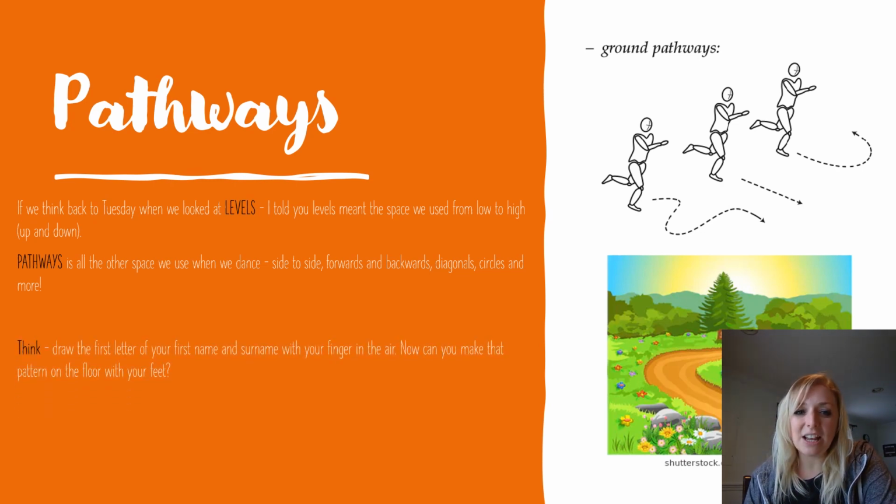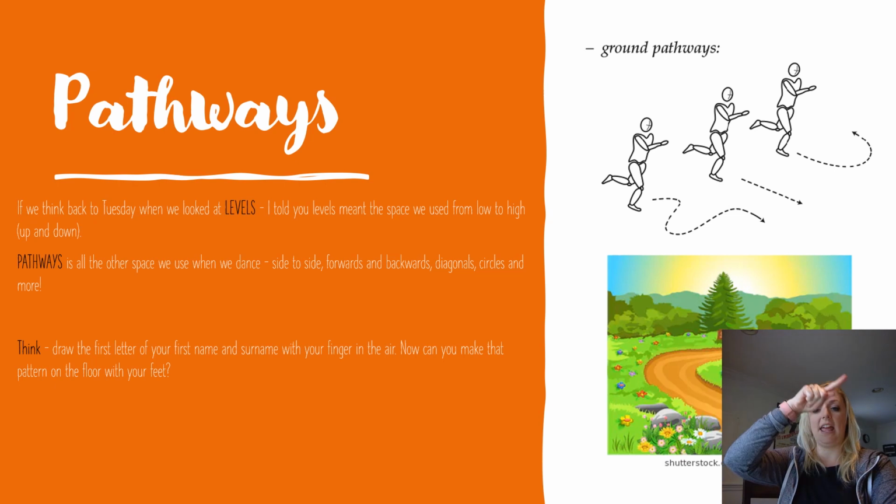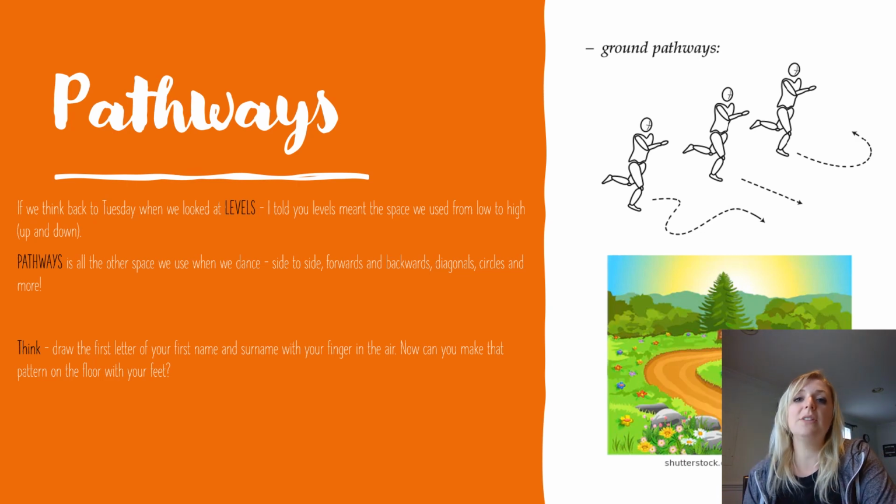Think now, can you draw the first letter of your first name and your surname with your finger in the air? So if my name is Alison Bates, I will draw an A and a B. Can you do that for your name now?